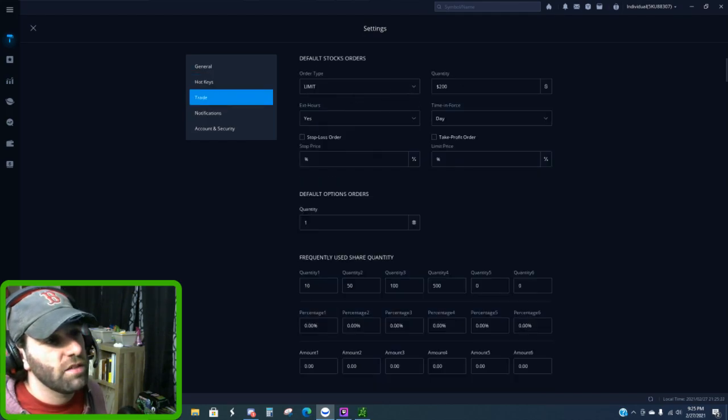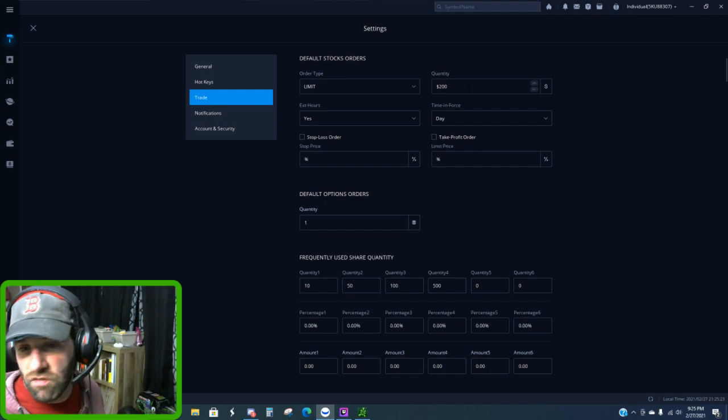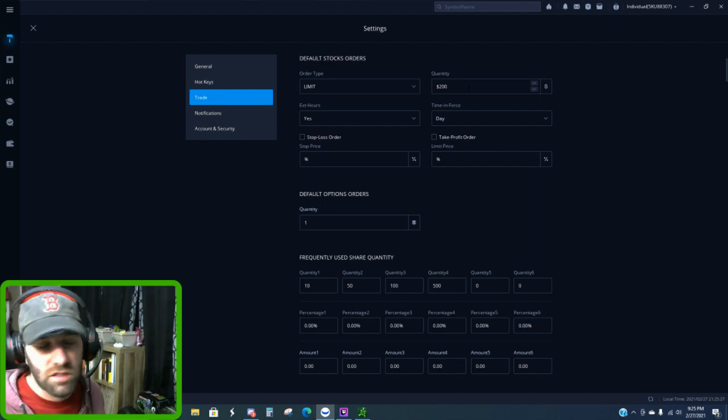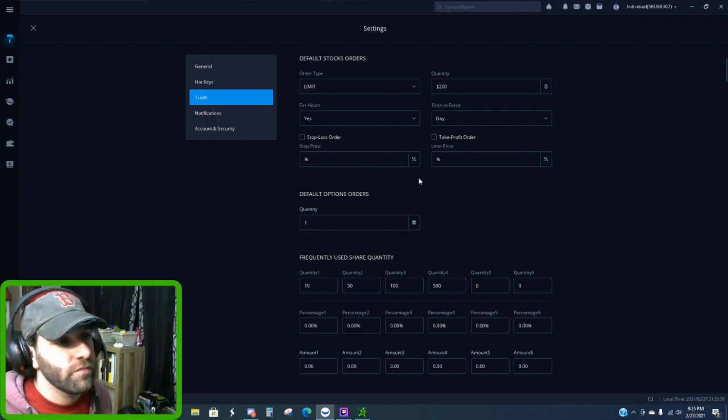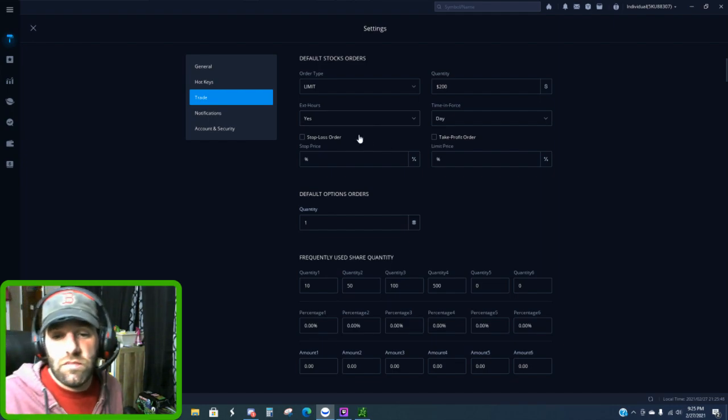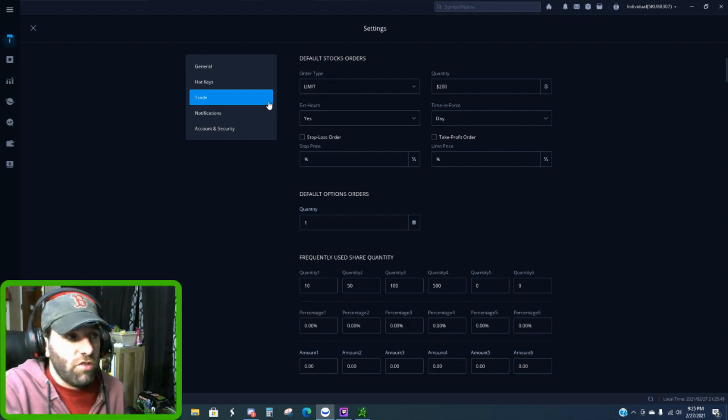This is what I have my limits. I usually have it just 200. I'd rather scale in on 200s real quick to 1,000. You can't do the stop loss or take profit, because if you do that, it won't allow you to do limit buys pre-market. On Thinkorswim, the hotkeys are trash, so I just right click on it.